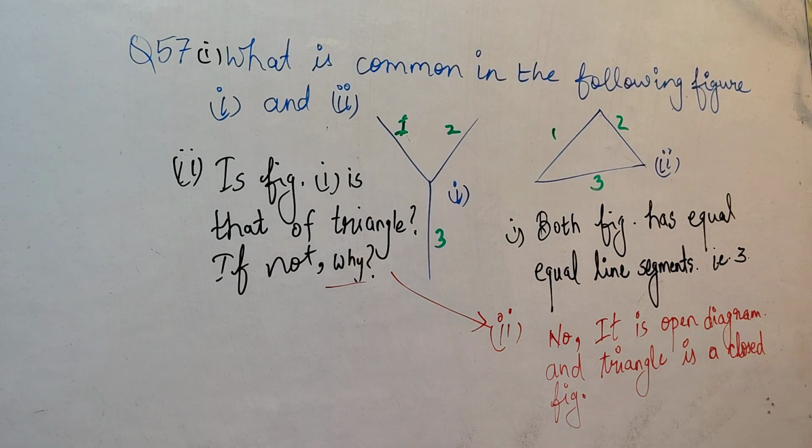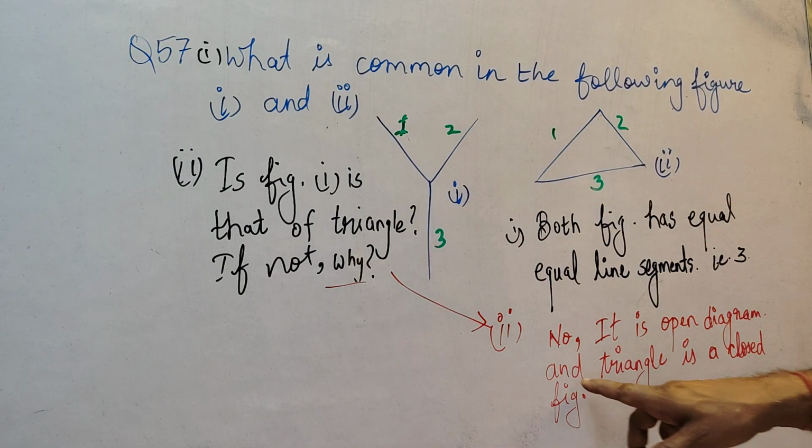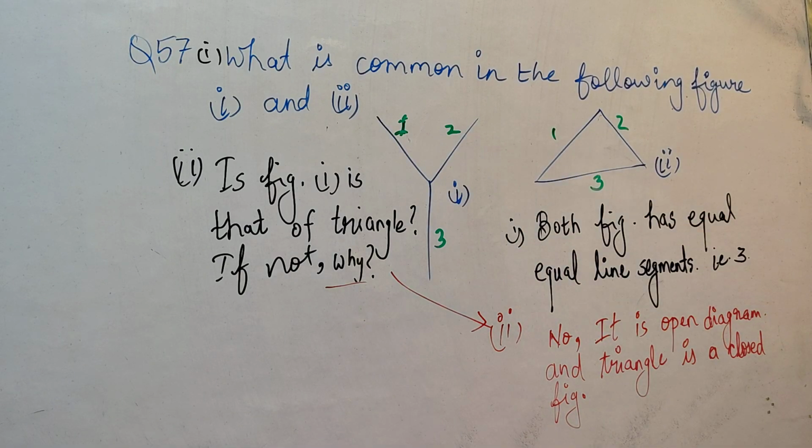So an open diagram is given, so it is not considered as a triangle. If it was closed, then it may be considered as a triangle. Is it clear?